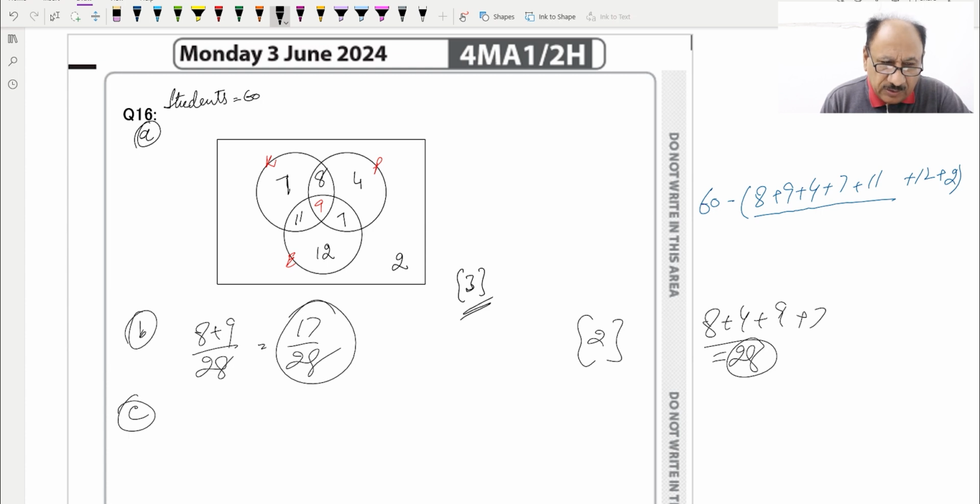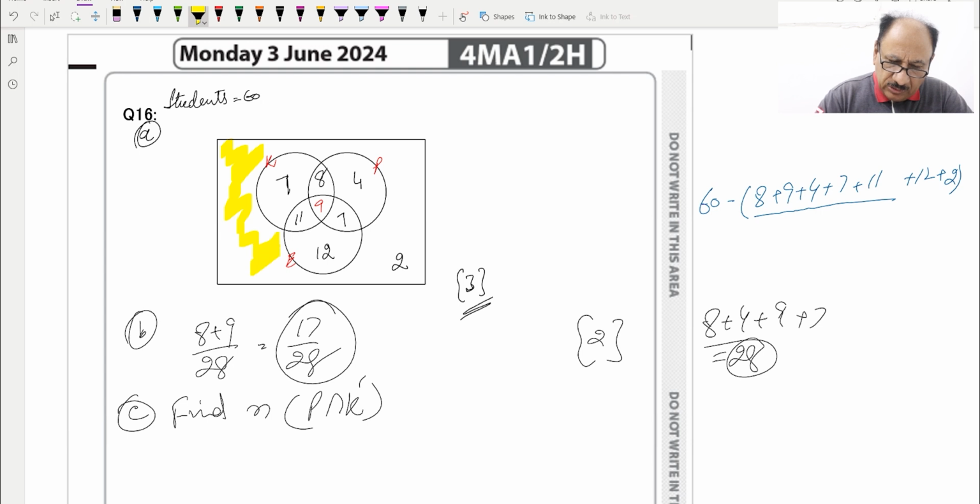Now C part says find n of P intersection K complement. K complement is outside K. If I show you, K complement is this outer section excluding K. This all area is K complement.